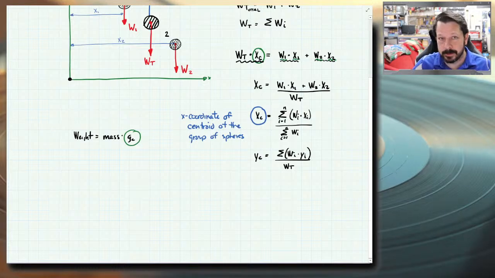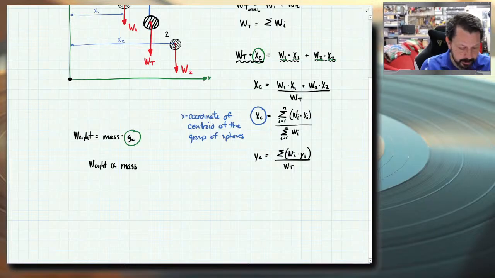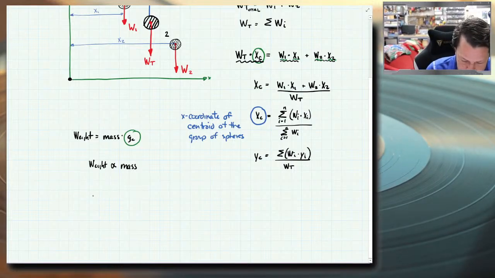Maybe if we start building space elevators or something like that, then we can worry about that. But for most things that you're going to deal with, a beam in a building or something like that, it's in a constant gravitational field, and we can say that weight is going to be proportional to mass.